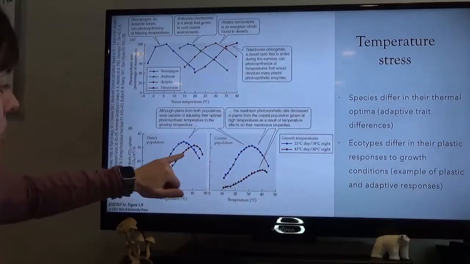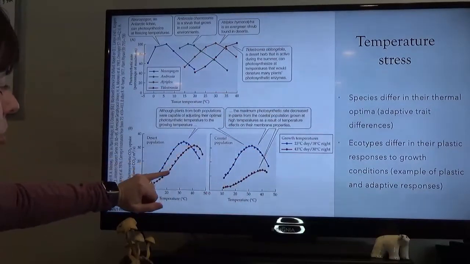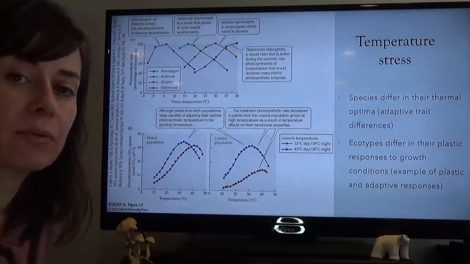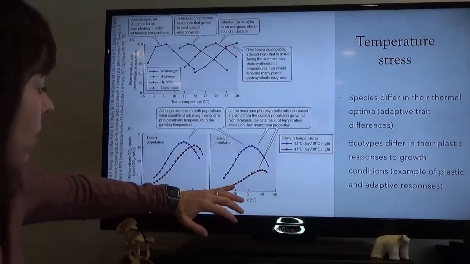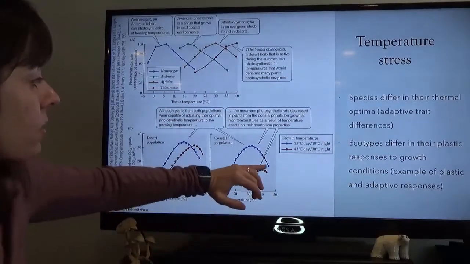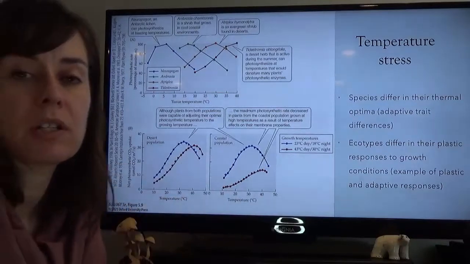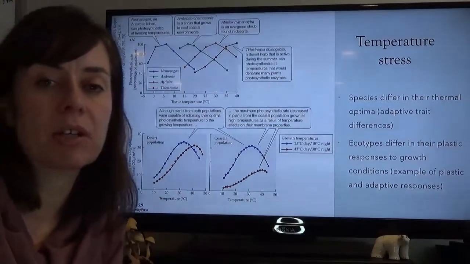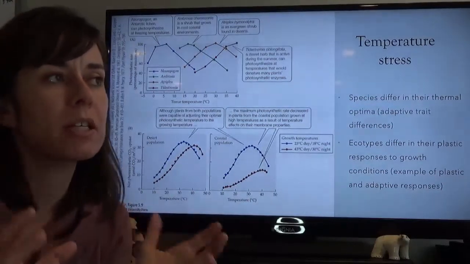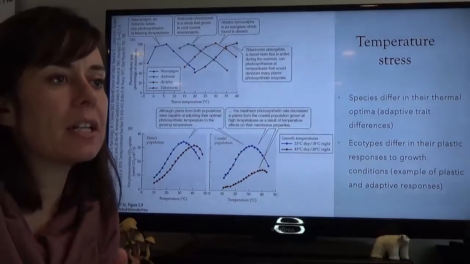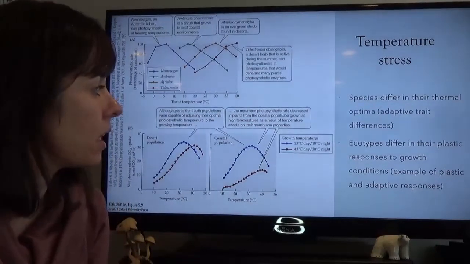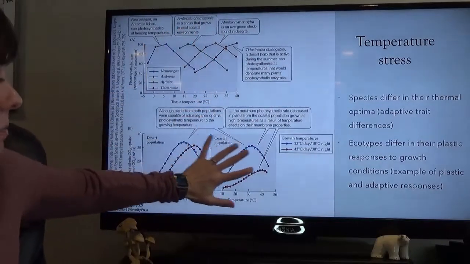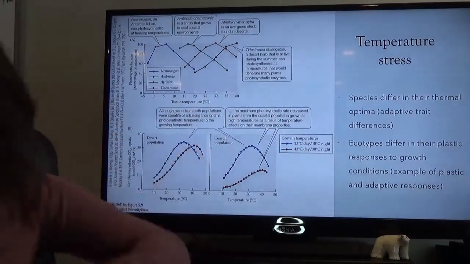When we grow them at high temperatures, the desert population is able to respond and maintain photosynthetic rates despite high growth temperatures, whereas the coastal population, which would experience cooler temperatures, is simply not able to respond, and we see reductions in photosynthetic rate. So temperature is a really big stressor for many plants, and this can show up as adaptive differences and ecotypic differences, and of course plastic differences.